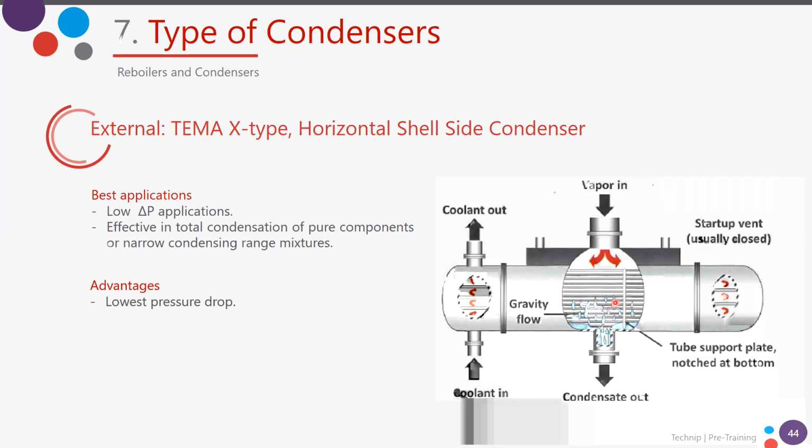So velocity inside the shell side is just a prediction, an approximation. It's not as reliable as the velocity calculated for the tube side, because inside the shell side there are a lot of different parameters and a lot of different velocities at different angles.